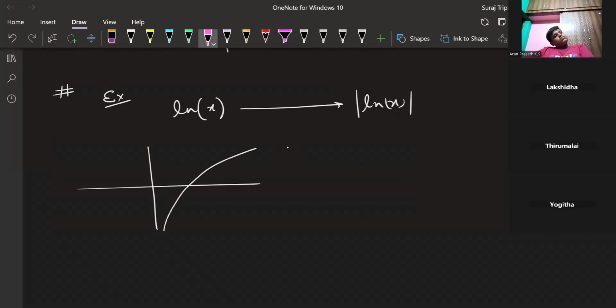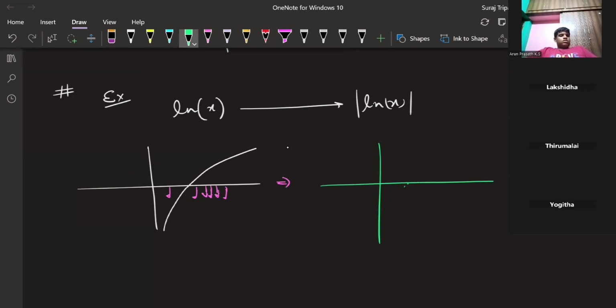That means whatever graph is present below the x-axis, we have to reflect over the x-axis. So we have to take the reflection of the graph which is present below the x-axis along this x-axis. The reflected graph, that means this transformed graph, you will get like this.